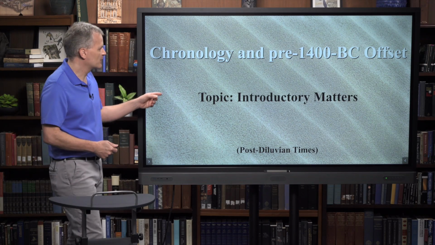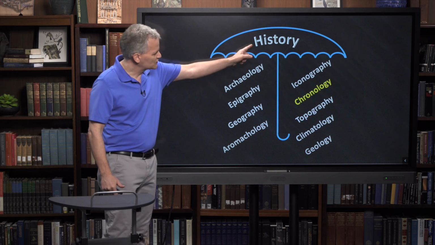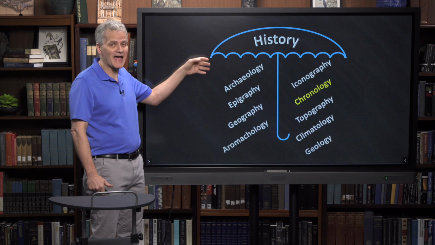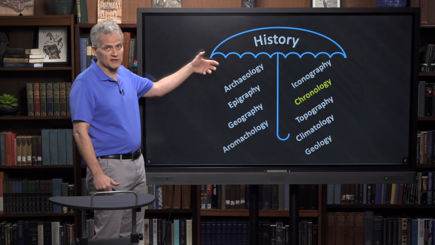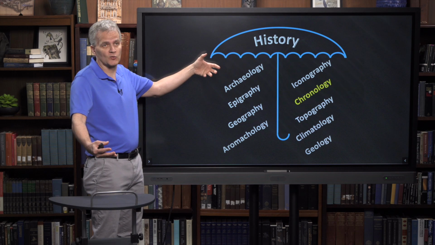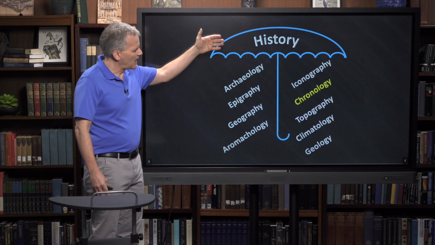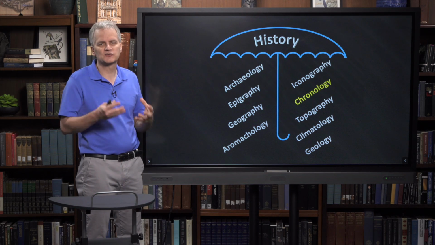If you remember, when we talked before about history and archaeology and the relationship, archaeology actually serves history; its role is a servant's role, because the greater issue is understanding the history behind something. I mentioned that there are lots of other disciplines that feed into this understanding of history.